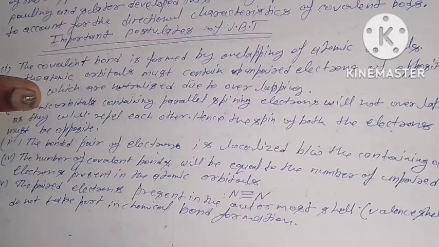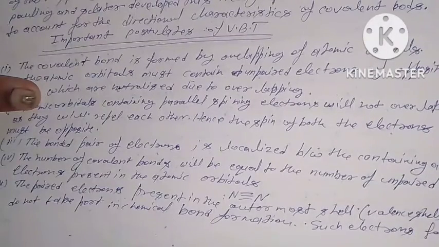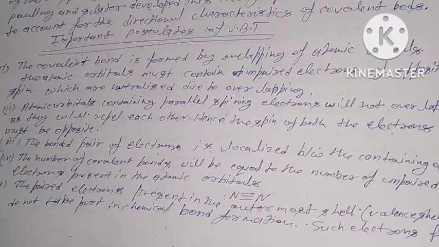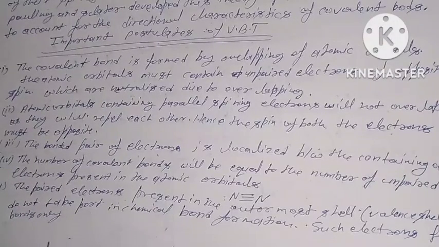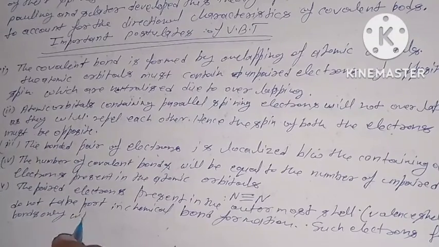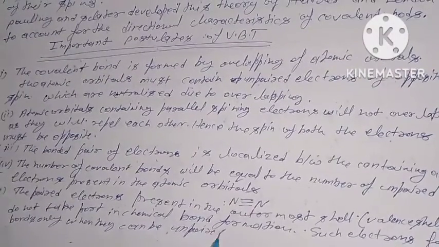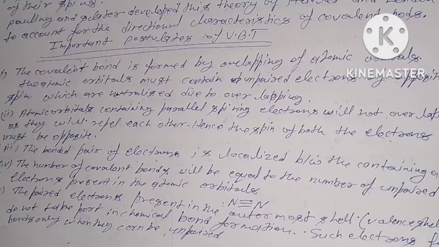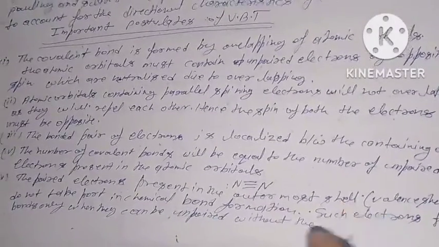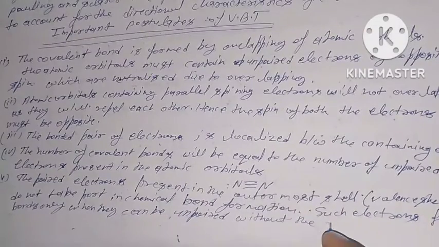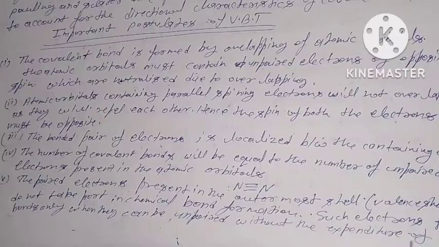Such electrons form bonds only when they can be unpaired without the expenditure of excessive energy.